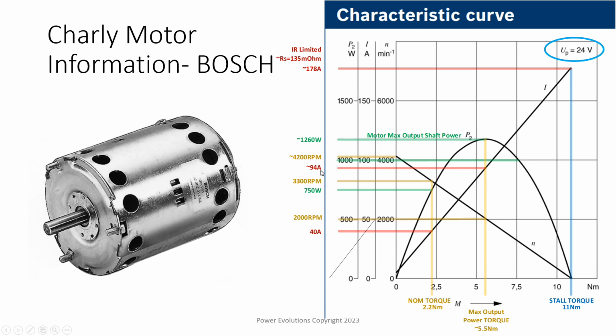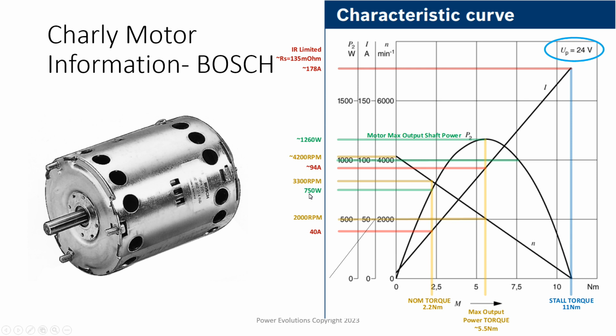So that's 94 amps going into the motor. That's what I would look at as a temporary overload condition for the bridge. You couldn't operate up in that range without overheating the motor over time.